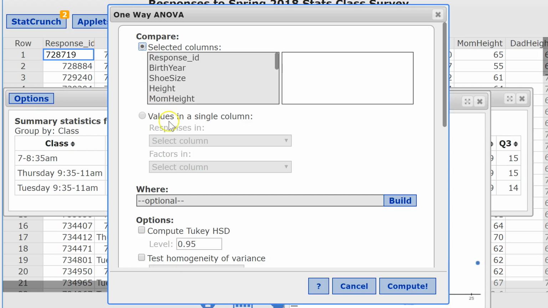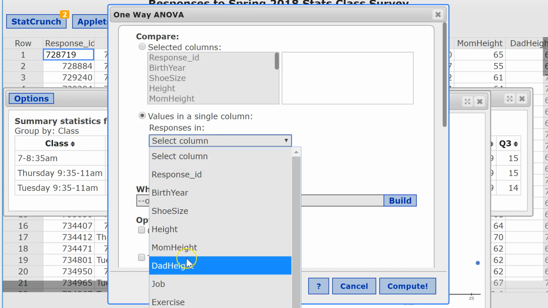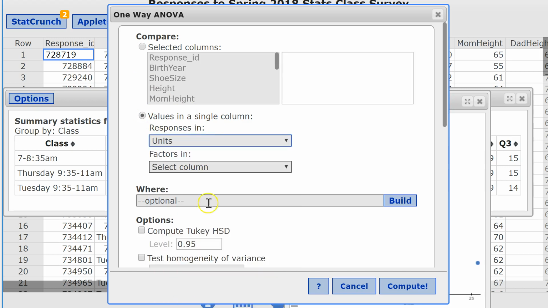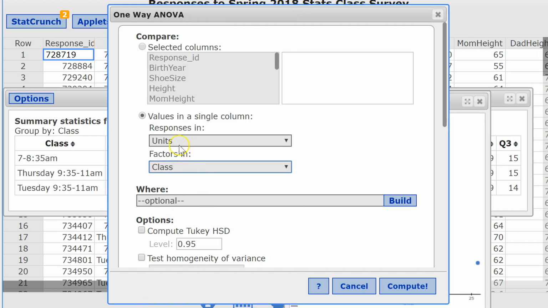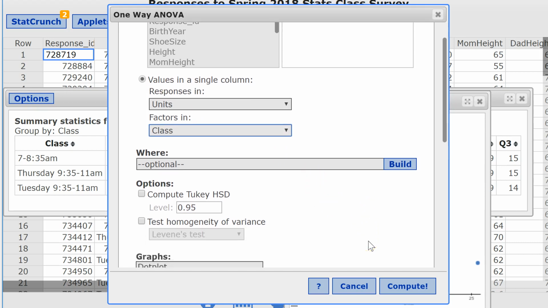Since all of our data for units is in a single column, that's what we're going to choose. So our responses are the number of units people are taking, and our factors are what class they're in. So my quantitative and my categorical, that's how it will always work. And you're always going to want to choose this because that's the way we have our data set up. And that's really all you need to do.